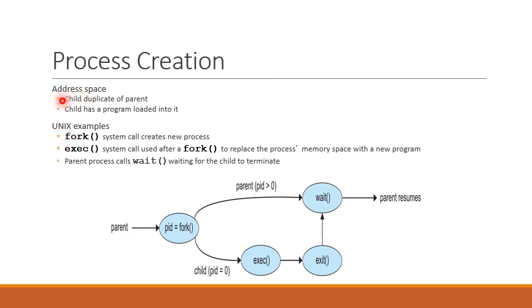From the address space point of view, again there are two options. The first option is that the child process is a duplicate of the parent process. This means the child process will be exactly a copy of the parent process. The child process will share the code as well as data of the parent process.